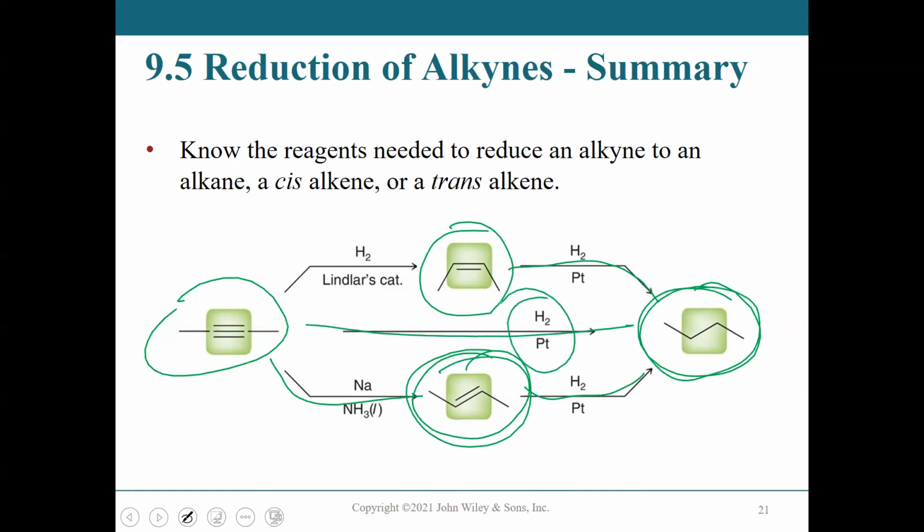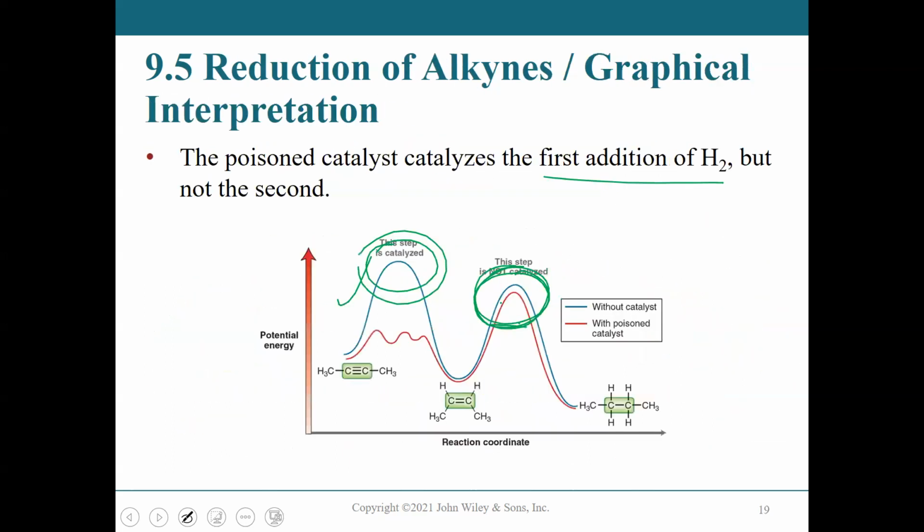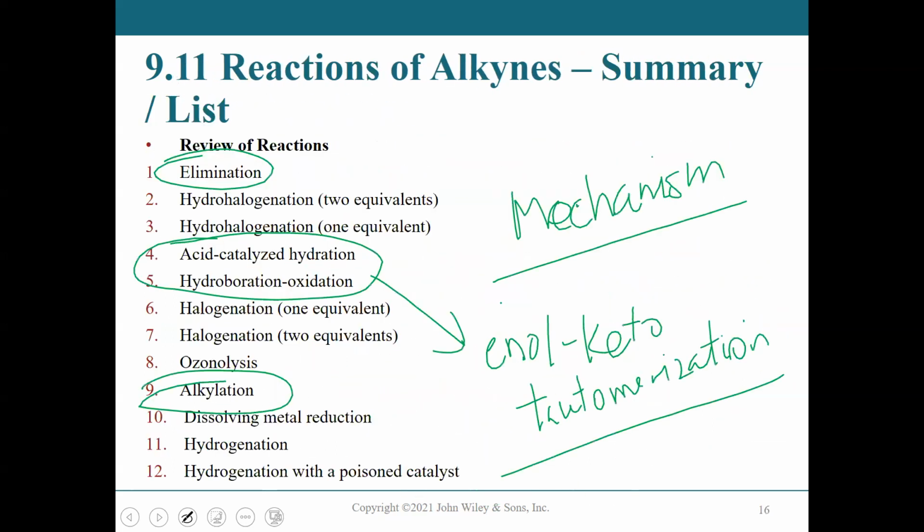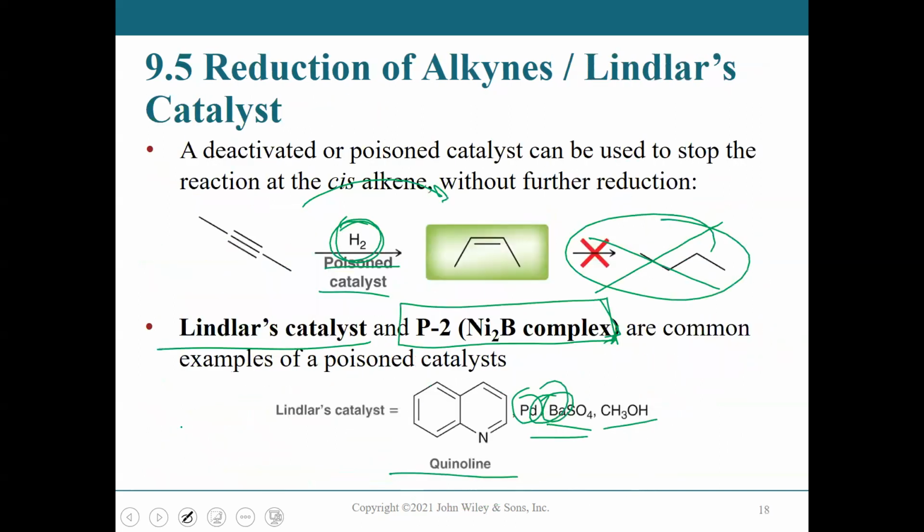Just use straight H2/Pt. Remember the H2/Pt or H2/Pd, the palladium or platinum alternatives, good for alkynes. So that is the reduction. So far we covered hydrogenation, we covered metal reduction, and we covered the poisoned catalyst. See? Three reactions in one, we're already done.